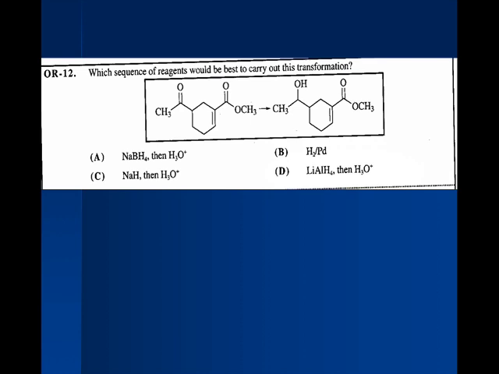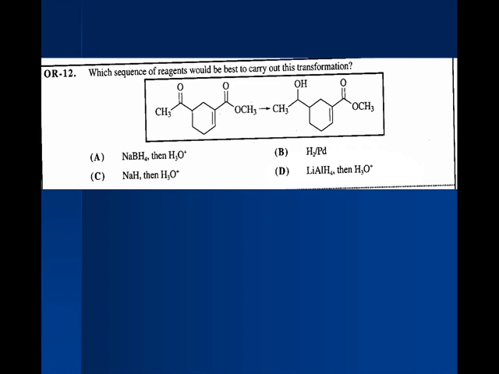We could eliminate B. It's a reducing agent, but why can we eliminate it? Technically, I could reduce the ketone with that, but it would also reduce what other functional group? The alkene. We know that hydrogen and palladium reacts with alkenes, and that remains unchanged. So we can eliminate it.